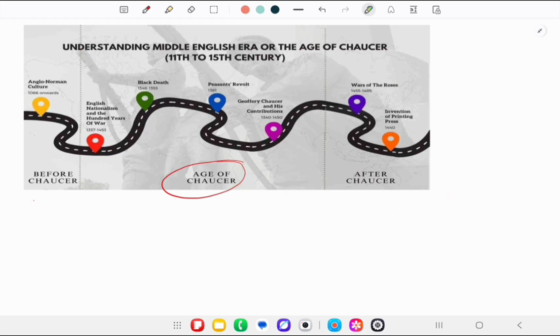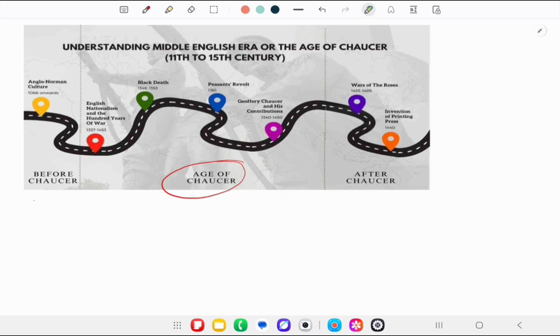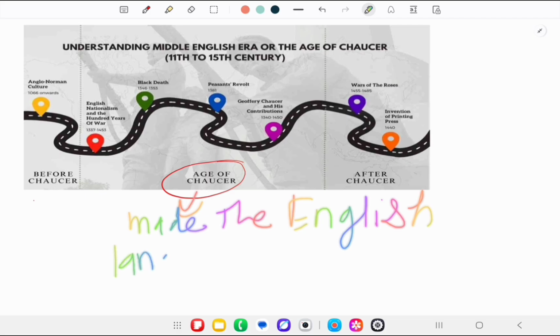A major portion of this era is named after the renowned poet and author Geoffrey Chaucer, also called the father of English literature, who laid the literary legacy and made the English language stand out.